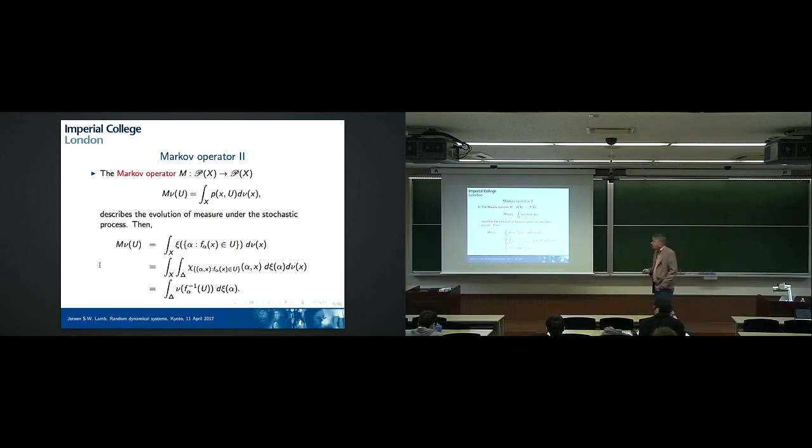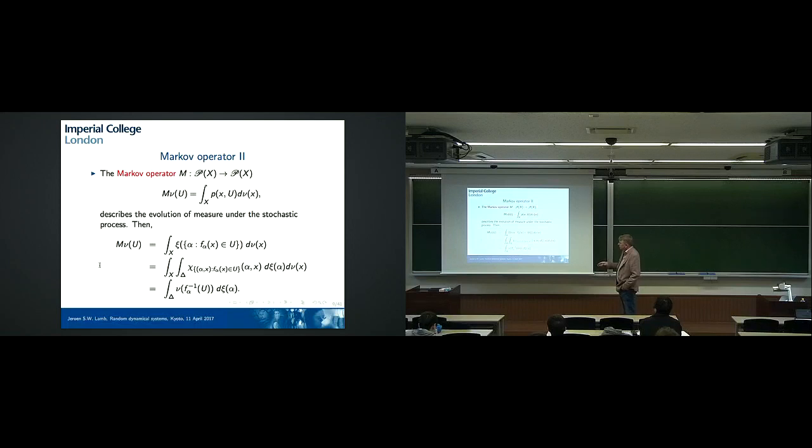Yesterday I did a derivative, but I said that we have the Markov operator, which could be written as the chance of something happening times the action of the map on the measure, which is the measure in the inverse map acting on the argument of the measure.